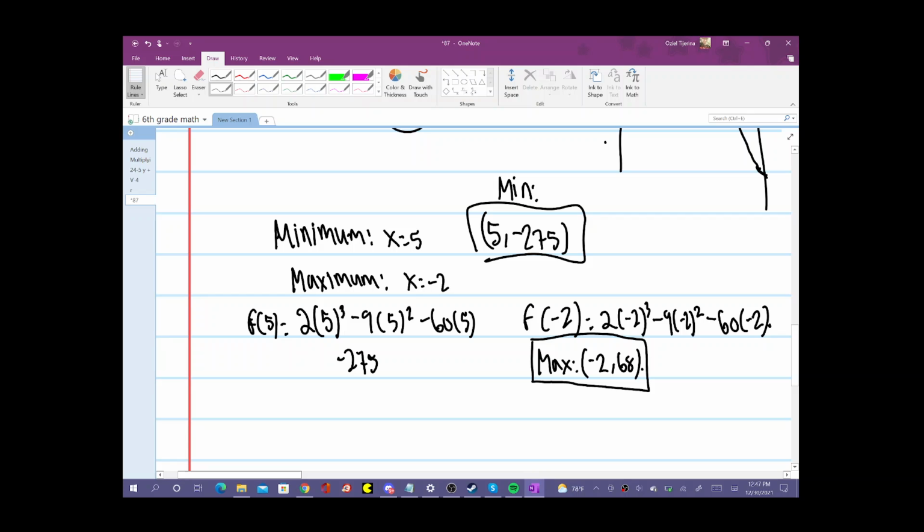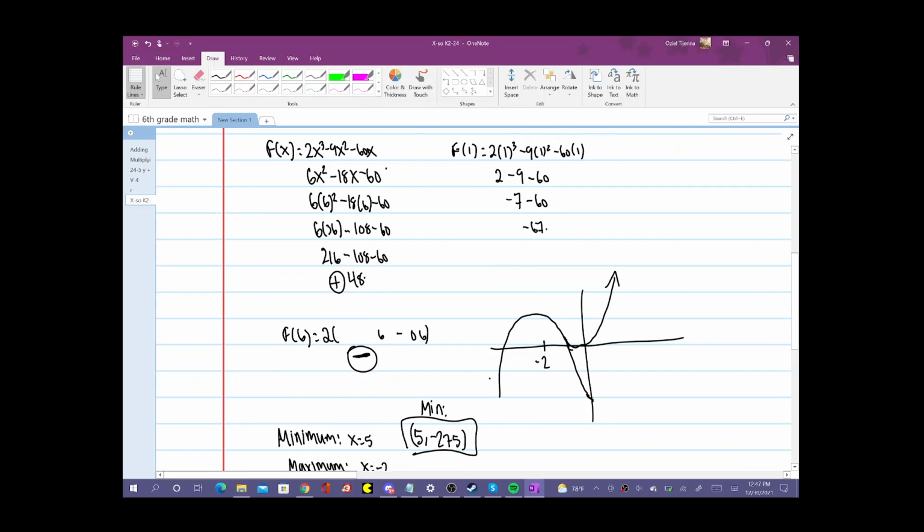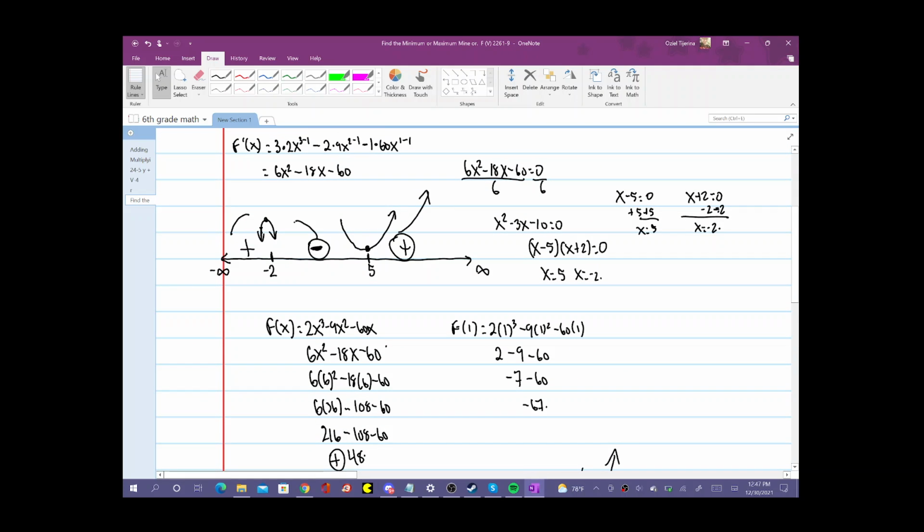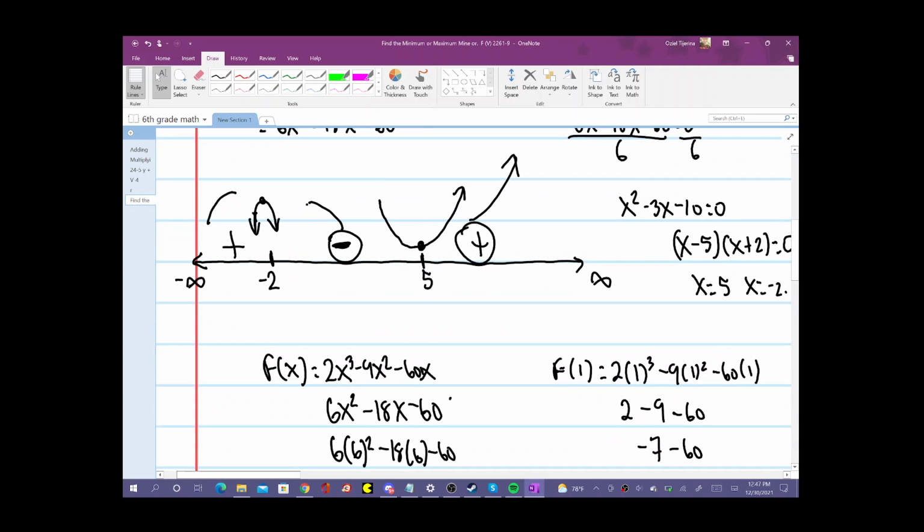Okay, so that is how you find the minimum and maximum values. It's really about getting the derivative equal to 0, and then solving for x, and then plugging in, doing the number line, and seeing, okay, between -infinity and -2, is it increasing or decreasing?